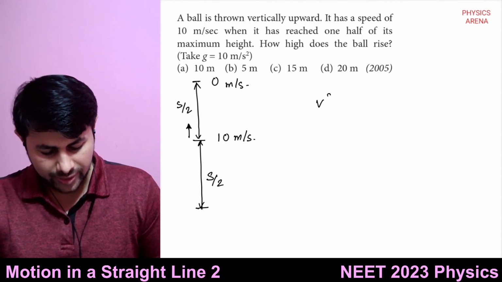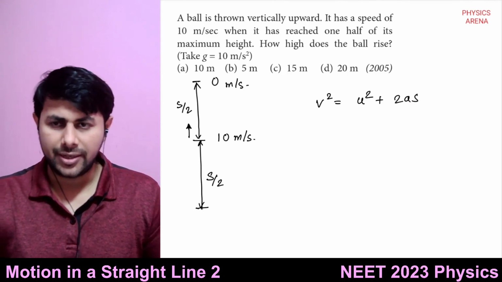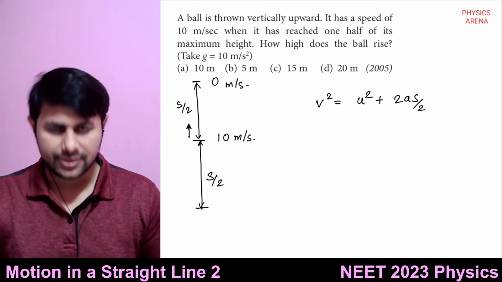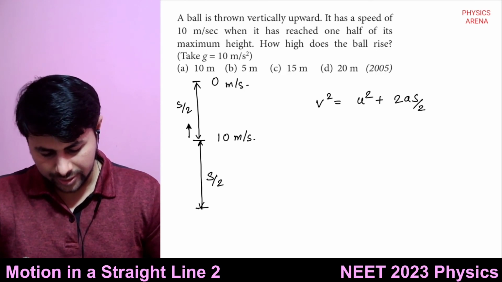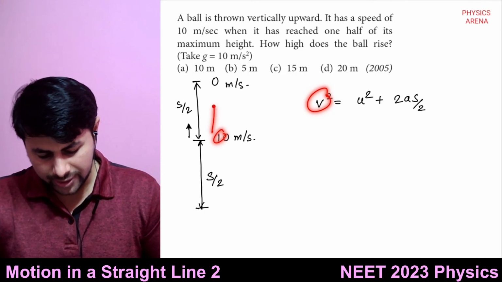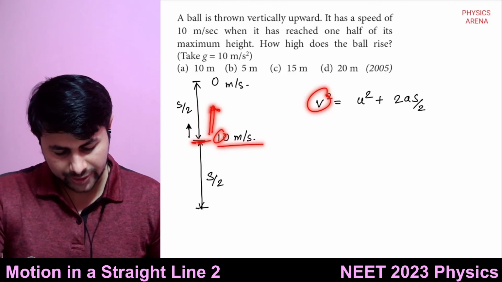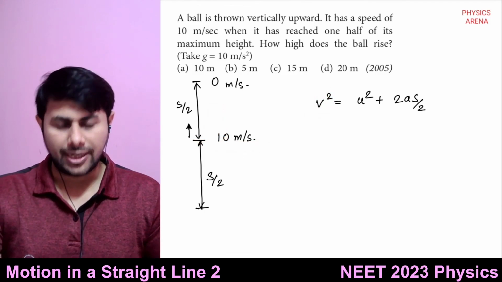So v square equals u square plus 2 times a multiplied by s, which in this case is s by 2, right? So final speed over here is 0. Initial speed, since the ball is moving upwards from this height, is 10 meters per second, and acceleration is minus 10.